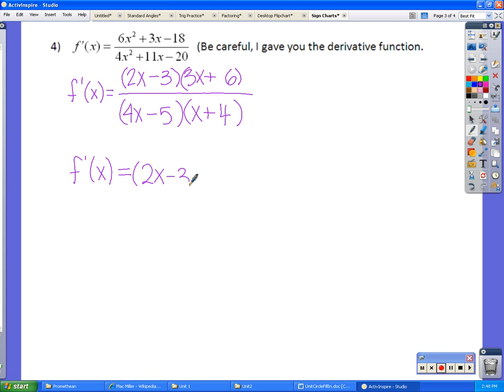But what I'm going to first do is rewrite the factors, and set it equal to 0.